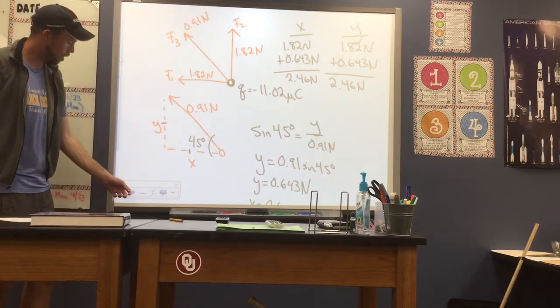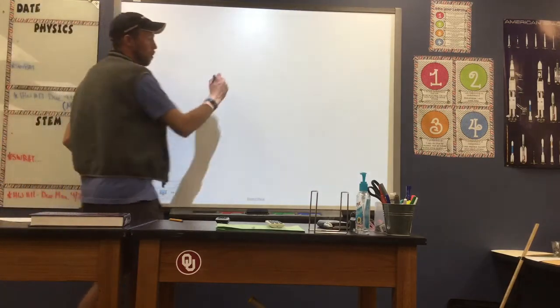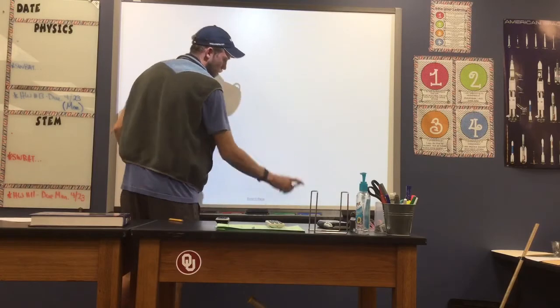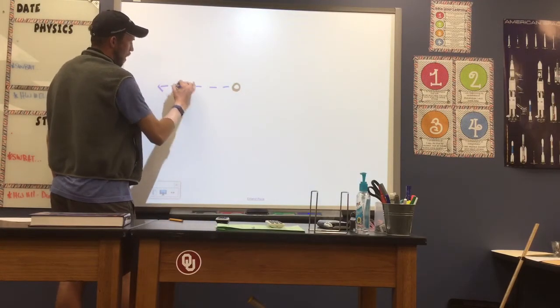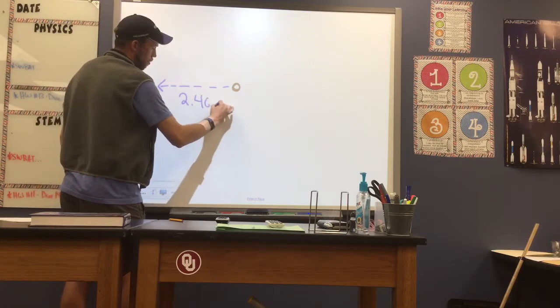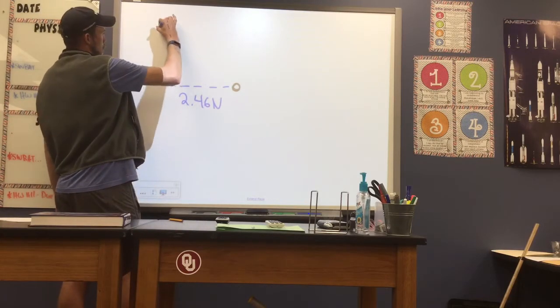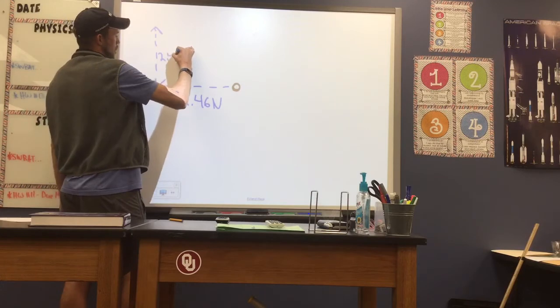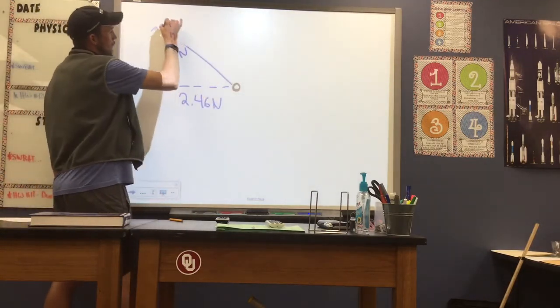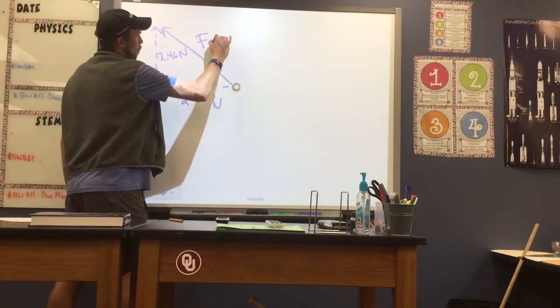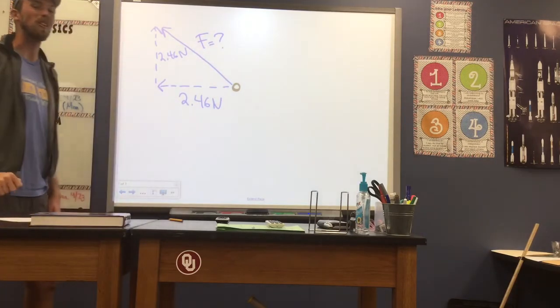So now we've redrawn this picture several times, but we're going to do it now for the last time. Here's our negative charge. It experiences a force to the left, 2.46 newtons, and a force upward of 2.46 newtons. And what the question is asking us is for the magnitude of the overall force that our negative charge experiences.